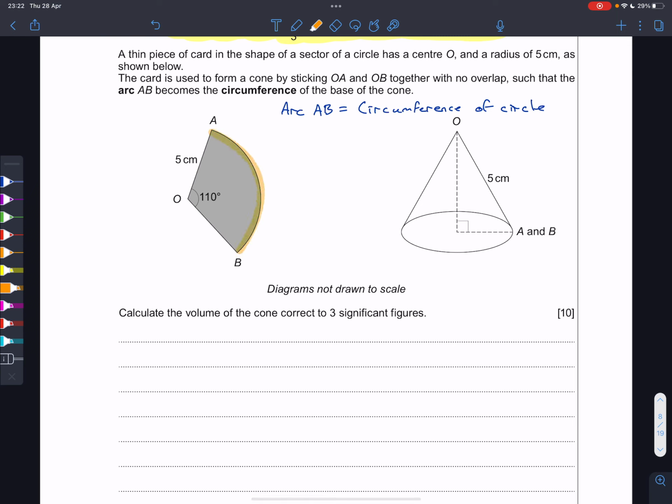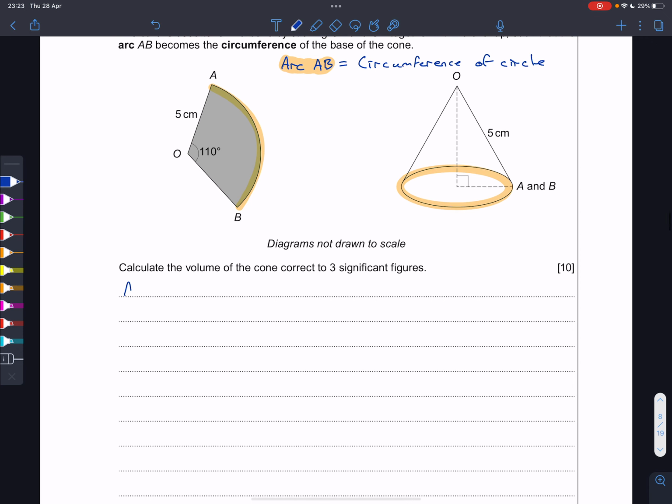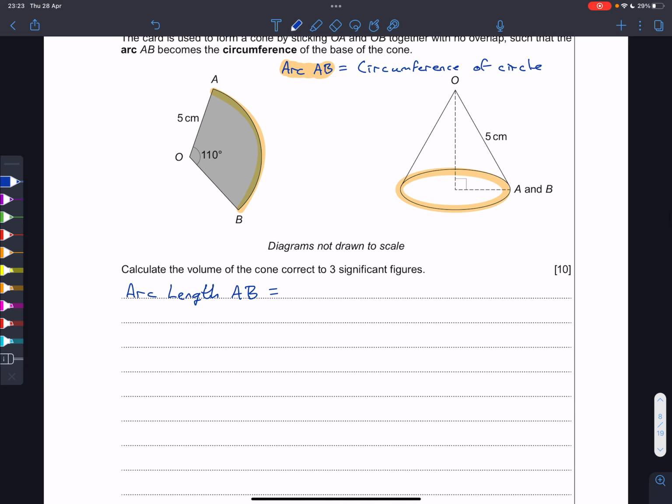The arc length is this around here. Okay, so that's my arc AB, and that matches up with the circumference of this circle. Those two are the same. So if I can work out the arc length, I've got the circumference of the circle, and I can go from there. The arc length of AB is theta over 360, because it's a fraction of the whole circumference.